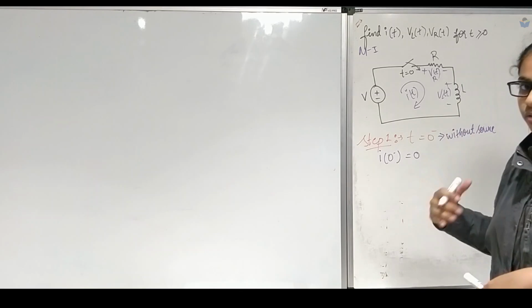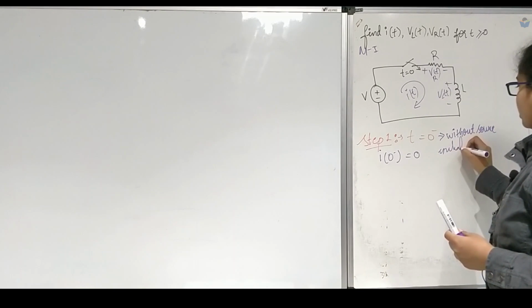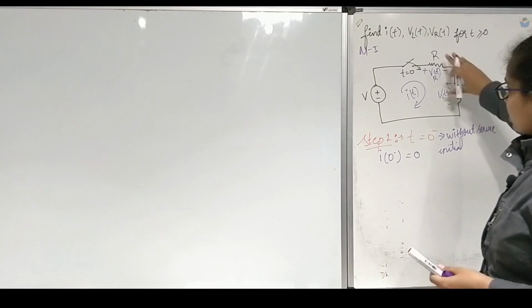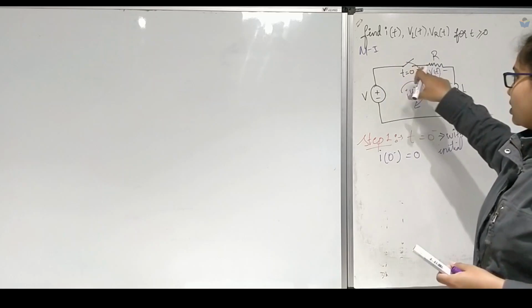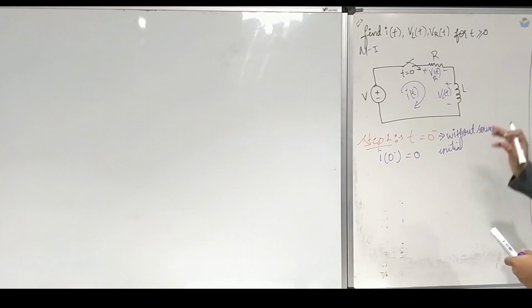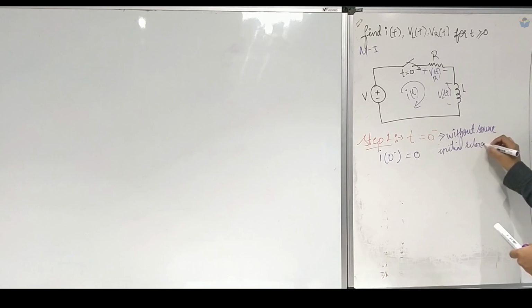Without source, we can also say that it is like initial relaxation. There is nothing in the circuit for the energy storing element. What is the energy storing element in this circuit? It is L. In the RL circuit, L is the energy storing element. So we will call this initial relaxation.